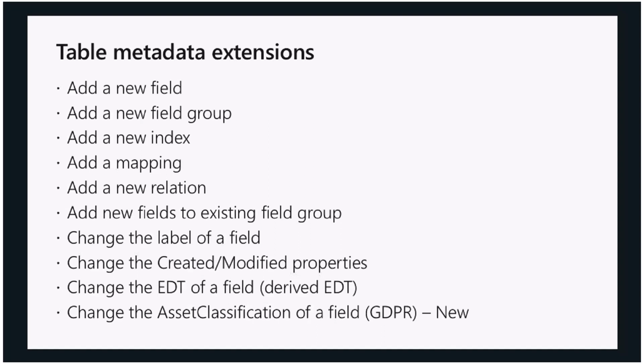Essentially, you can make the field be more specific, but not entirely change the data model. A new property that is supported as part of our GDPR compliance is the asset classification of a field. This can now be modified or changed in an extension.